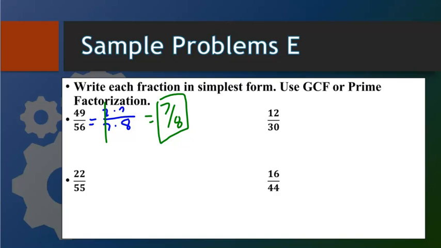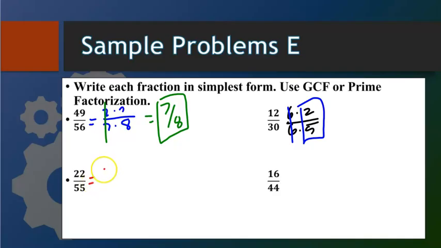Next, 12/30. I know that this would be 6 times 2, and 30 could be 6 times 5. 6 is the greatest common factor. They can divide them out, and I'm left with 2/5. Next, 22/55.